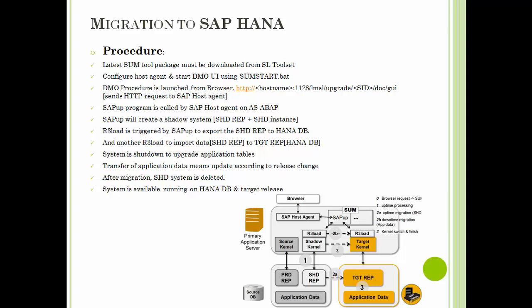So additionally, we should know that with the DMO procedure, we can configure any number of R3 load parallel processes to run for the export and import. We get the configuration setting option when we run the DMO procedure, during which we can provide the number of parallel processes involved.